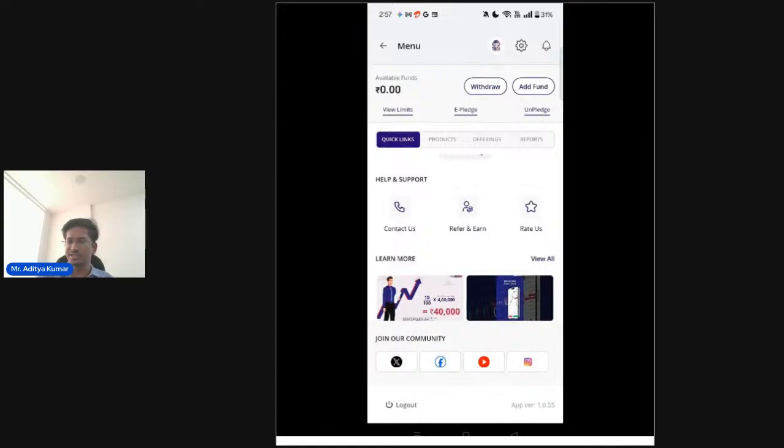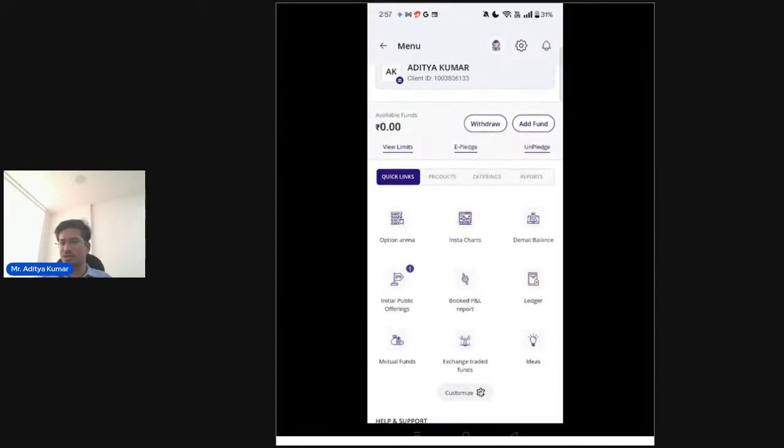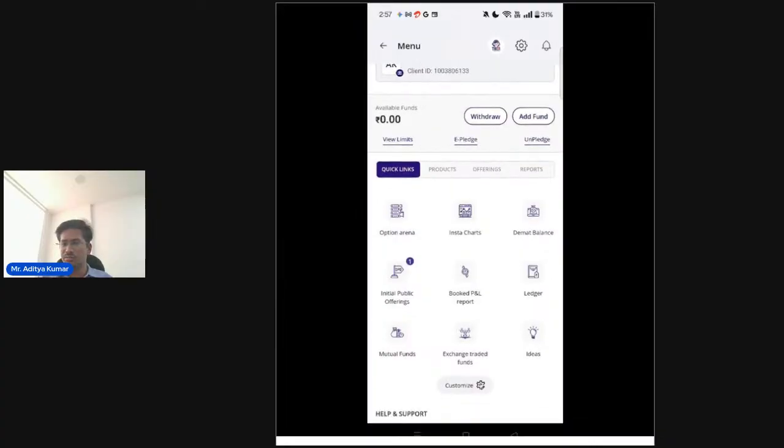On the profile section, you will see quick links like Stocks, F&O, and Mutual Funds, which I will discuss further. In this, you can see the Option Arena. It is a specialized platform for trading in derivatives. It provides tools like option chains, a list of available contracts, strategies, and analytics to help you trade in futures and options confidently.